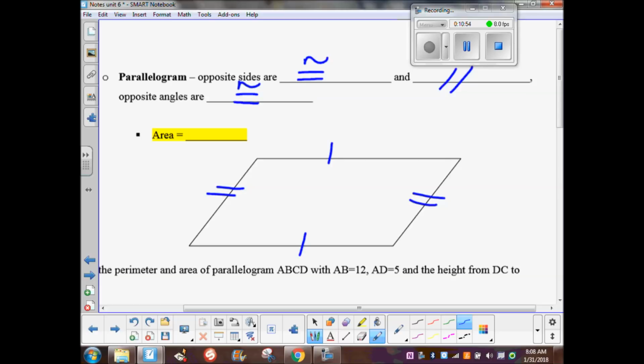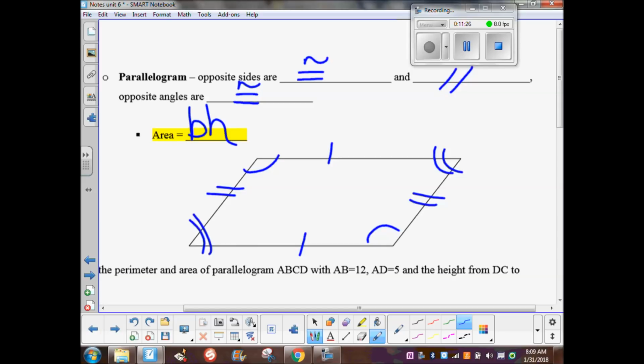And then opposite angles are congruent. The way we mark angles is kind of like a little half circle. So these two are equal to each other, opposite, across from each other. And then to mark this different, those get 2 marks, 2 little half circles. Those two are equal to each other. And area formula from your green sheet.